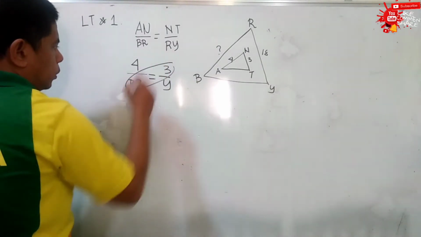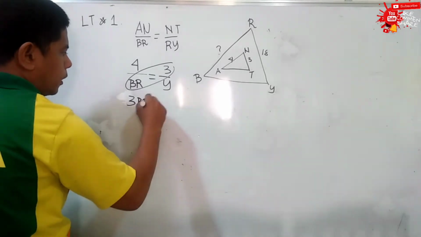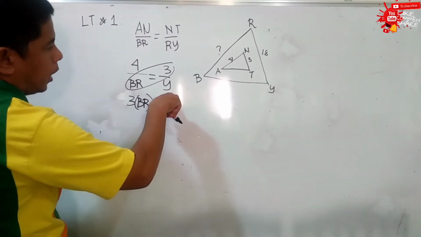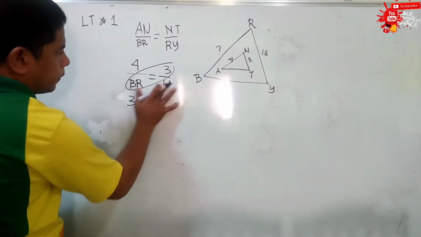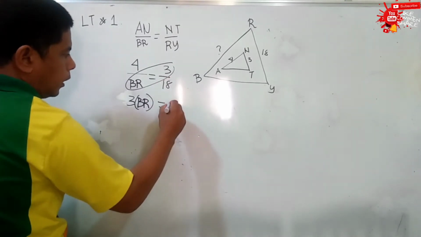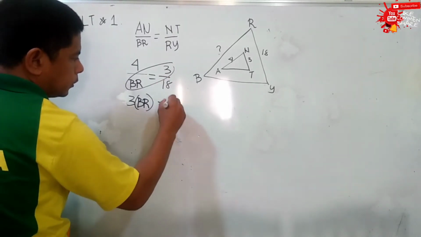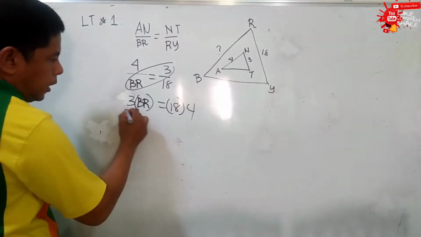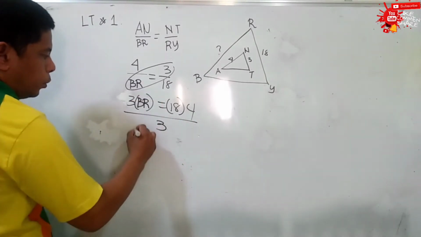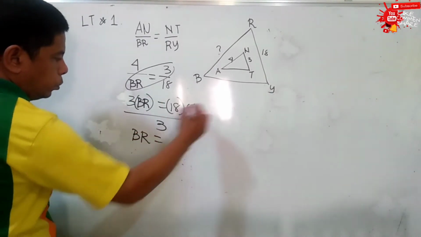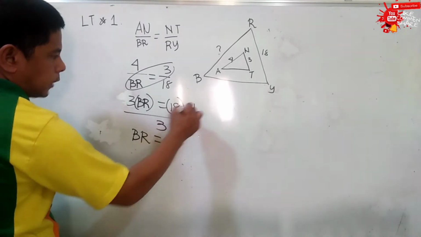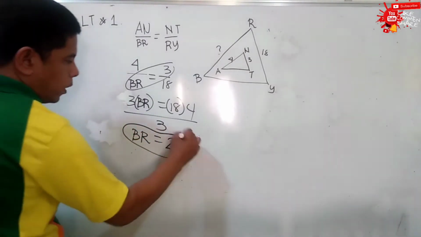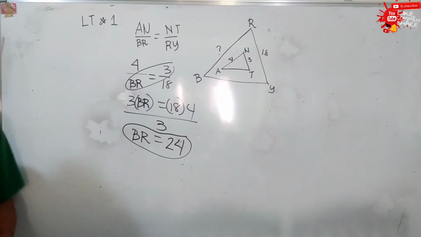So, 3BR equals 18 times 4, then divided by 3. So, BR equals 18 divided by 3, 6, times 4 is 24. So, yun po yung sagot natin sa number 1, learning task 1.